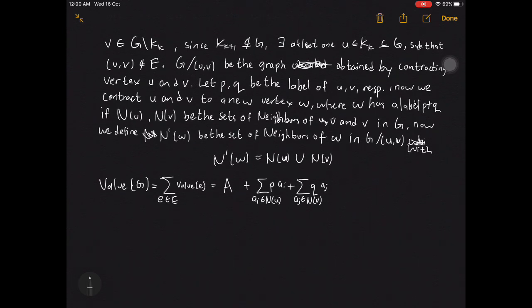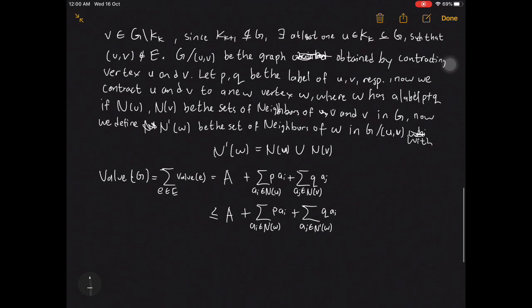Okay, so this value is of course less than or equal to A, plus the sum over ai in the neighborhood of W in the new graph, plus aj in the neighborhood of W also from the new graph. Why is it less than or equal to? Because we have ai greater than or equal to 0 for every i.